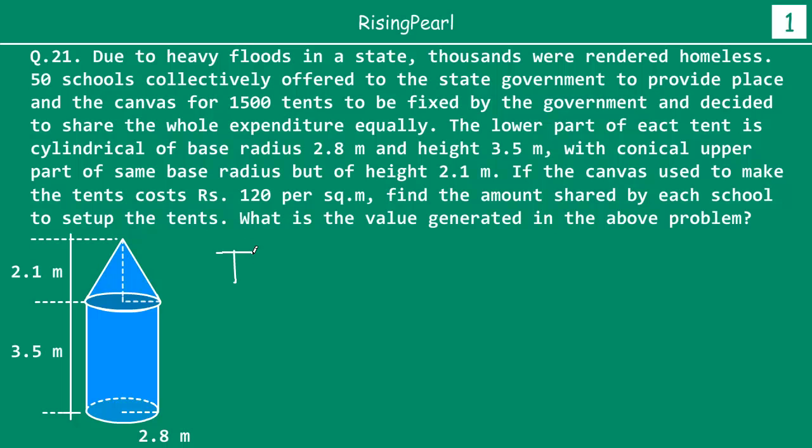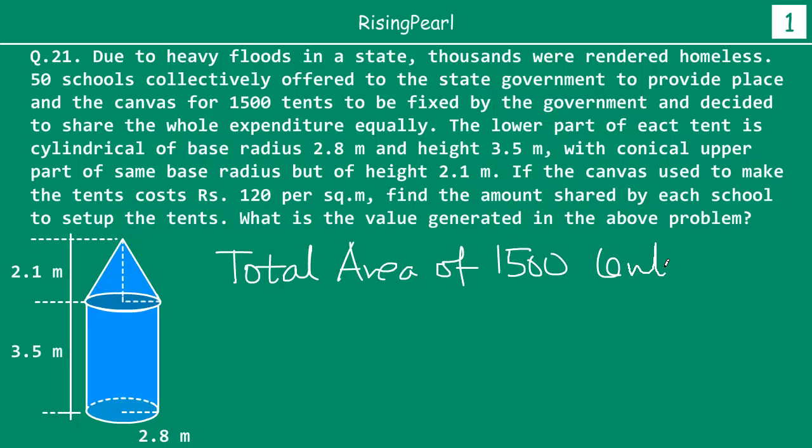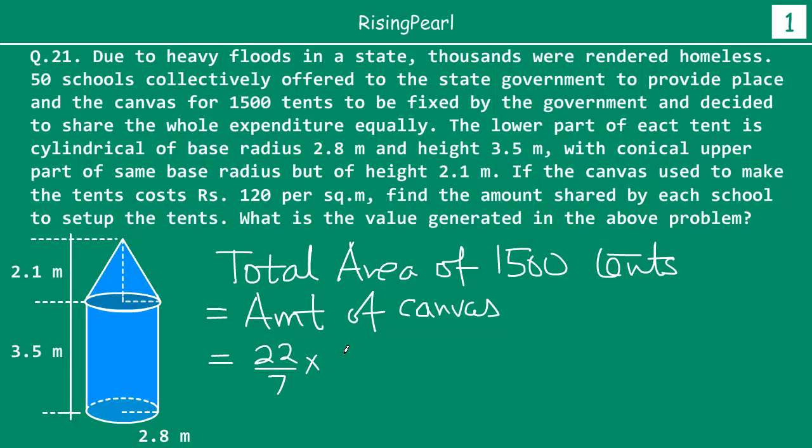So total area of 1,500 tents, right, which is equal to amount of canvas that we need, right? So this will be equal to pi 22 by 7 r, which is 2.8 pi r times 3 times 3.5.